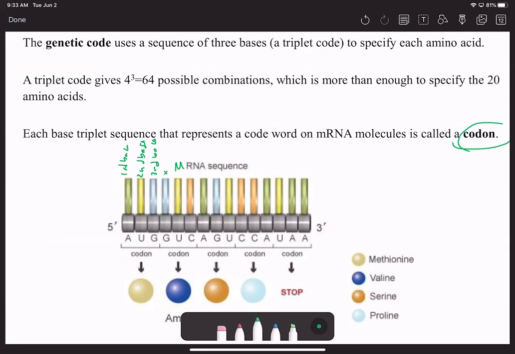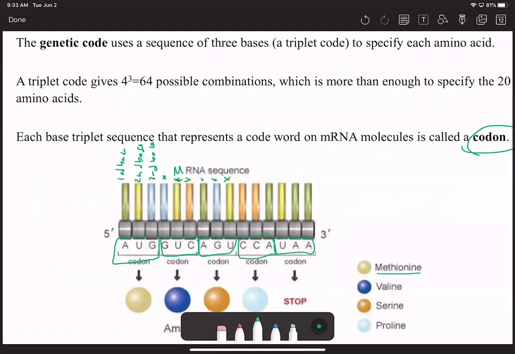So this is first base, second base, third base, first base, second base, third base, and we just keep repeating the process. So every 3 bases, we have what we call codons, and they're codes for specific amino acids.